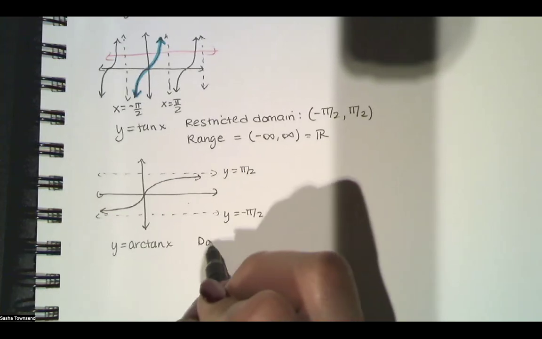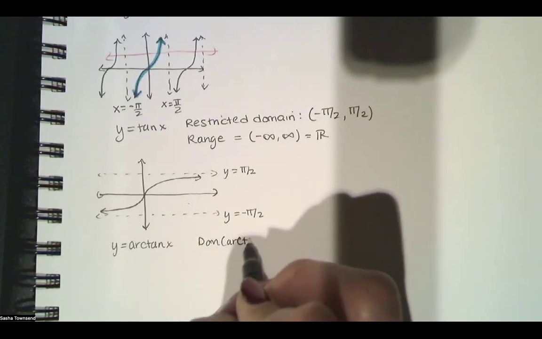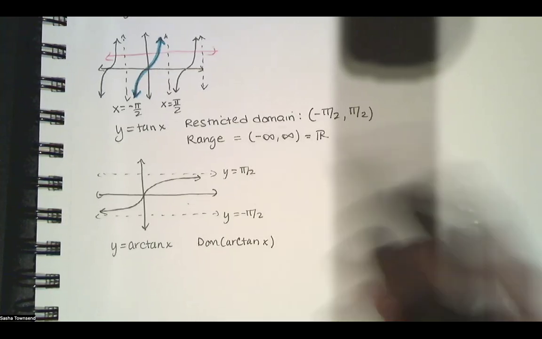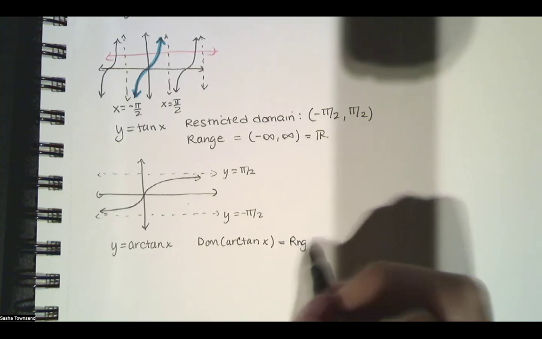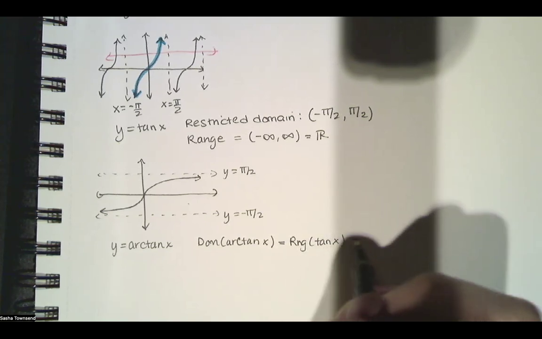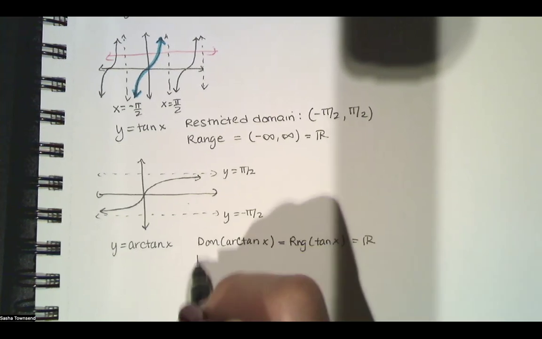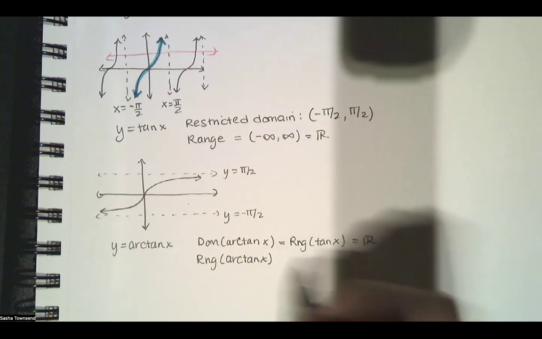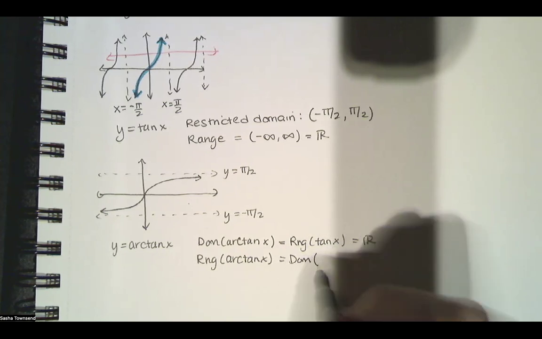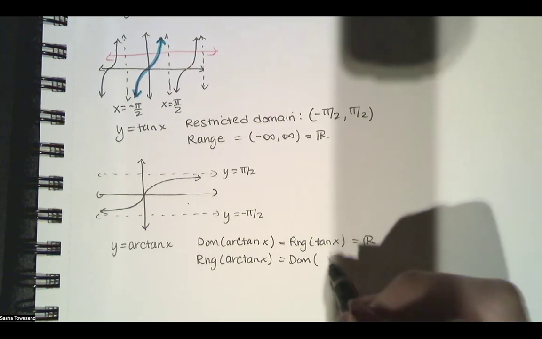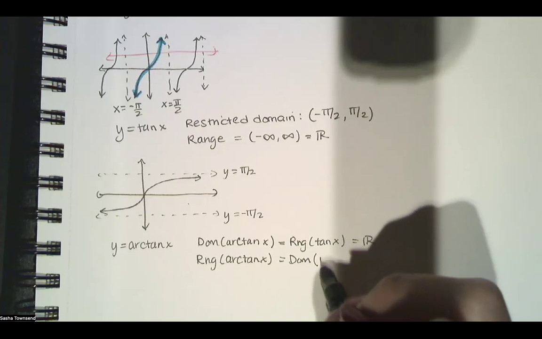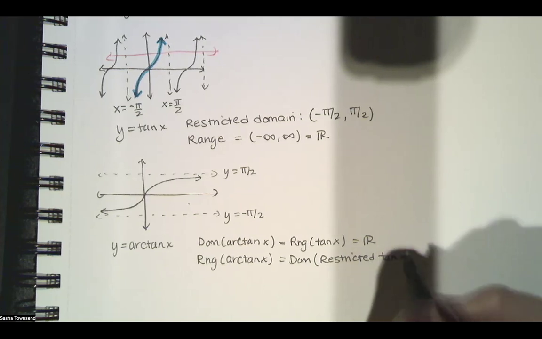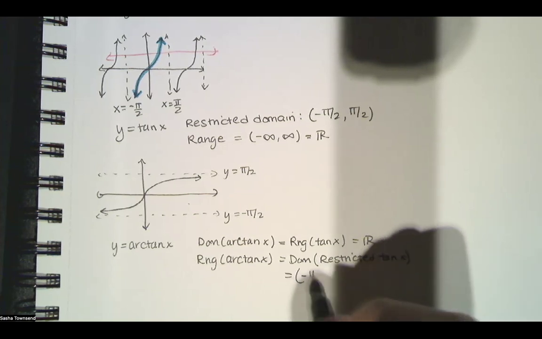And the domain of arctangent is the range of tangent, and that's all real numbers. And the range of arctangent is the domain of that restricted tangent function, which is negative pi over 2 to pi over 2.